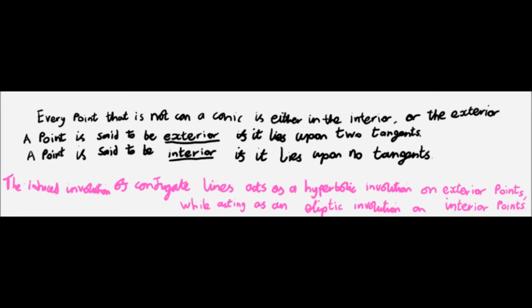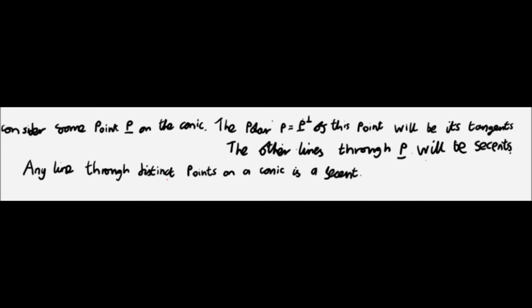And that's exactly what a secant is. So the notion of a secant is the dual of the notion of an exterior point. The notion of a non-secant line is the dual of the notion of an interior point, and the notion of a tangential line is the dual of the notion of a point actually on the conic itself.